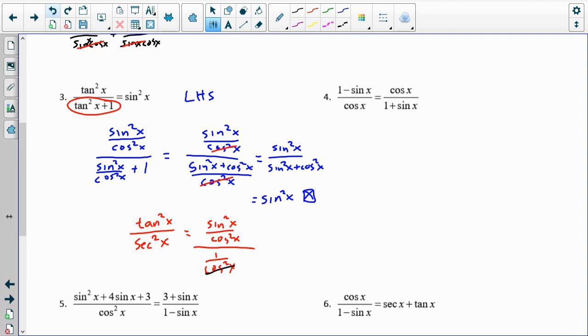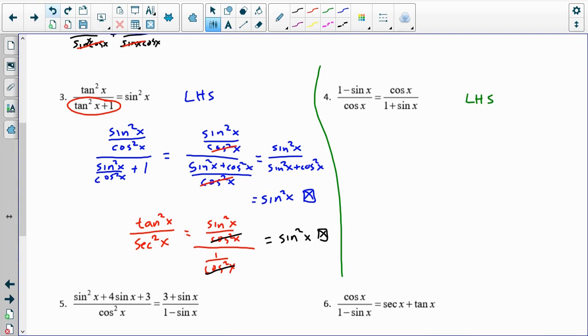The cosine squareds end up canceling out, and I get sine squared of x that way. So I just showed you that you could have done that problem in 2 different ways. And some problems, it's very possible to prove or verify them using multiple slightly different methods, and you end up with the same result.